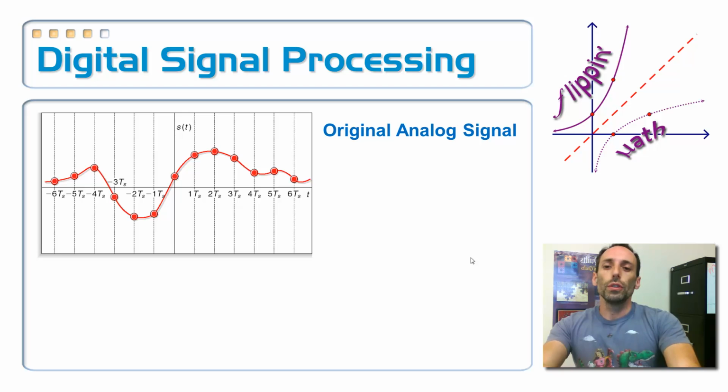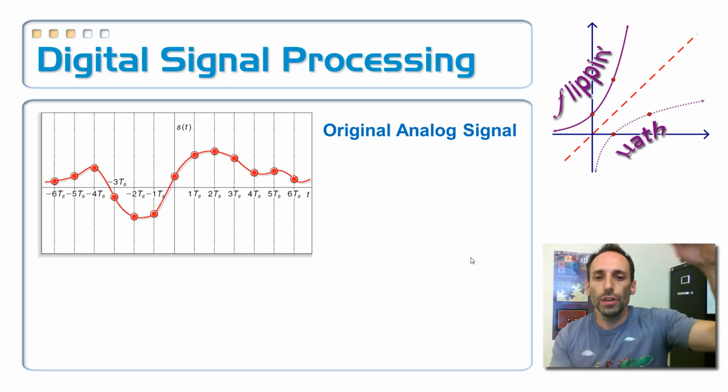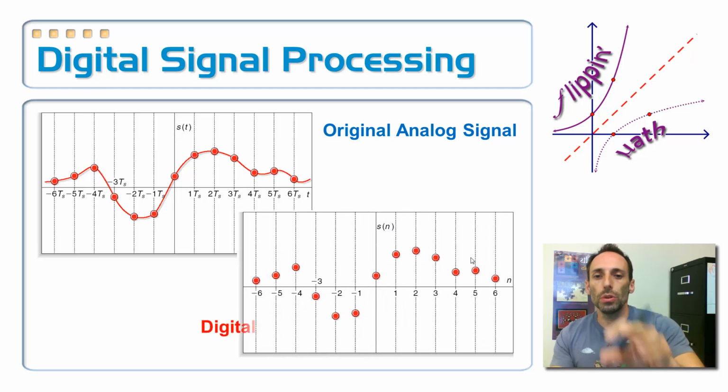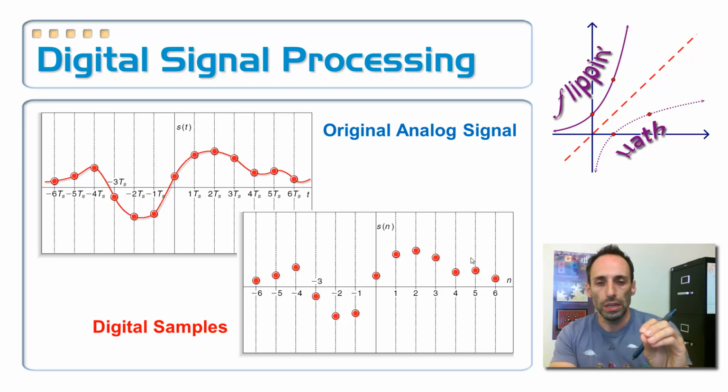So if you look at a graph of an analog signal, it would be continuous. If you were going to draw it with your pencil, you'd never lift the pencil up. Okay? But a digital signal would just take a snapshot, and a snapshot, and a snapshot. It would just be discrete points. This point, then this point, then this point.